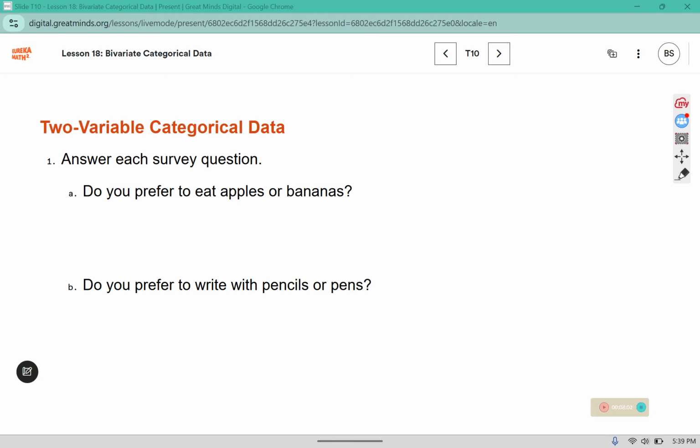We're comparing the preferred fruit to the preferred writing utensil. This is called bivariate data because we're looking at two variables. But again, because it's qualitative data, we can't use a scatter plot, so we're going to use what's called a two-way table.